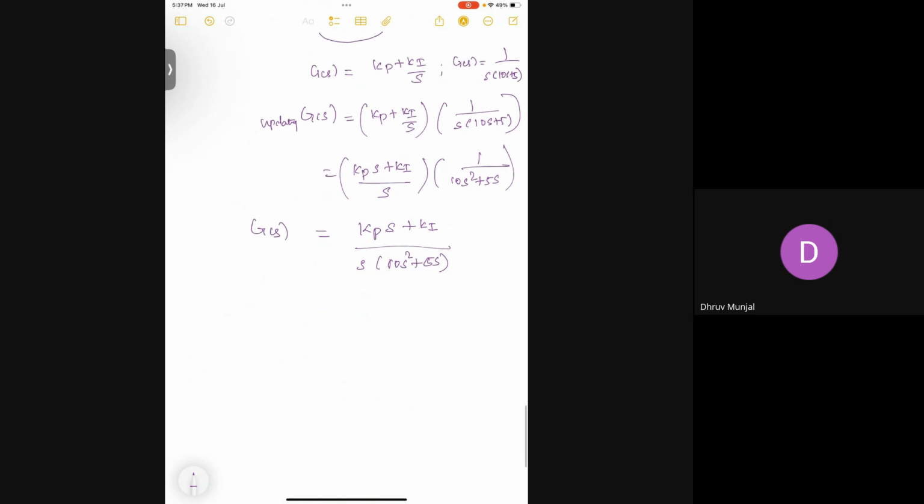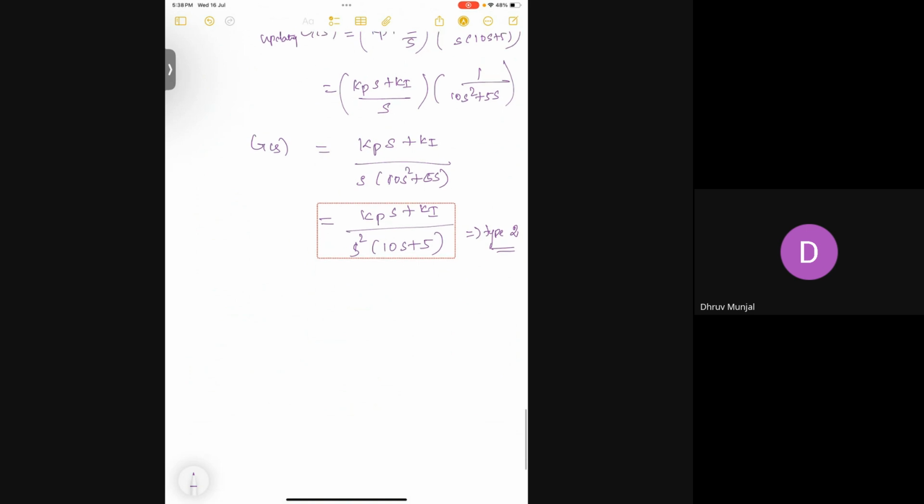Now I can write it this way so that I can easily see the type of the system: (Kp S plus Ki) by S square into 10S plus 5. So this is a type 2 system, since we are going to use this acceleration error constant.